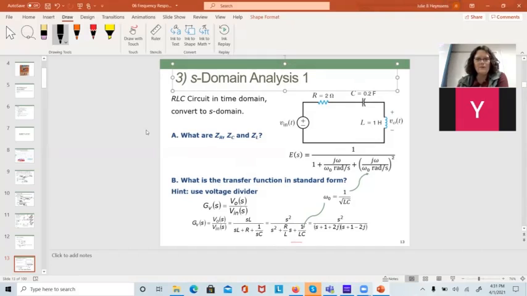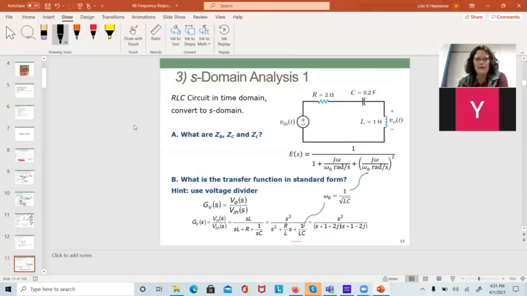So in the S domain, this is just like we did in 188 and in 280. We found that there were impedances associated with capacitors and inductors that we can easily calculate to make the circuit analysis in the S domain, in the frequency domain, easier.